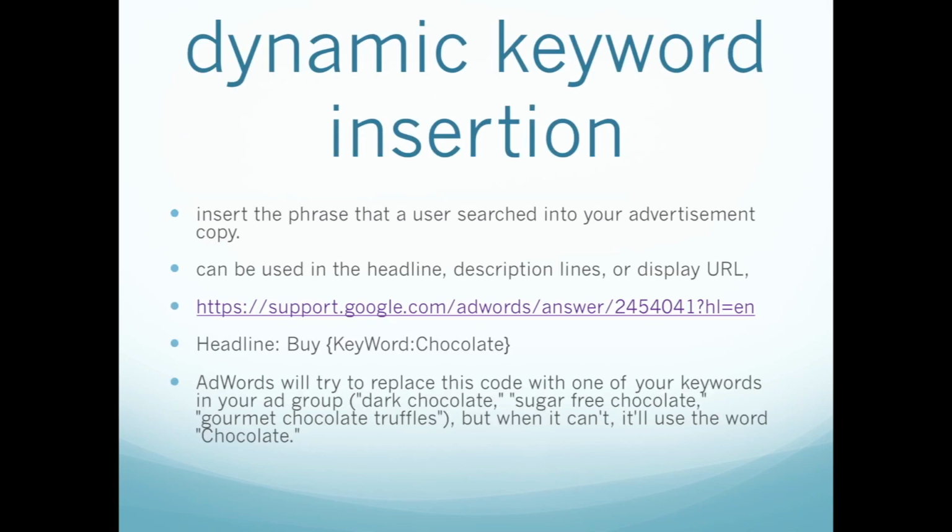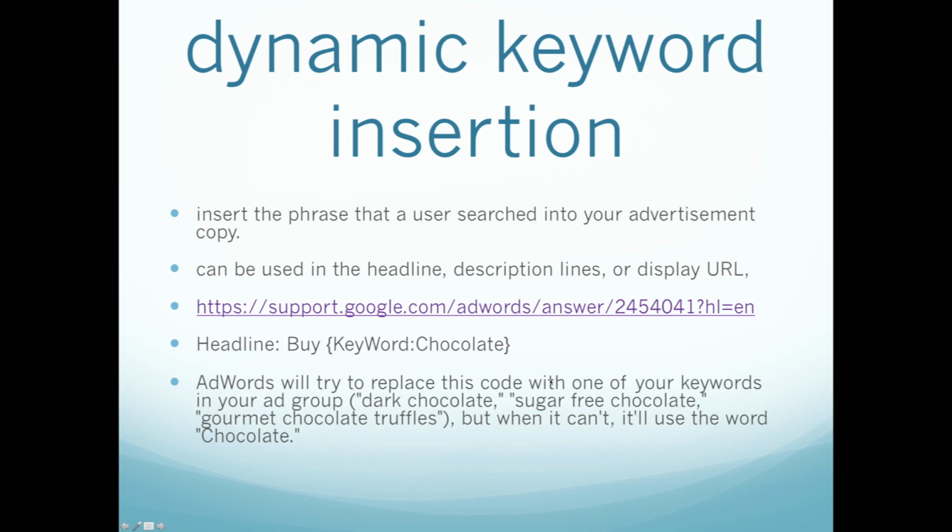Dynamic keywords within your ad copy can be done by using these commands right here, these brackets, and then when you type in buy keyword:chocolate, then AdWords will replace that keyword phrase chocolate with one in your ad group as well.